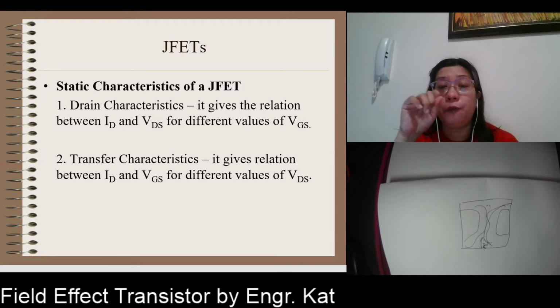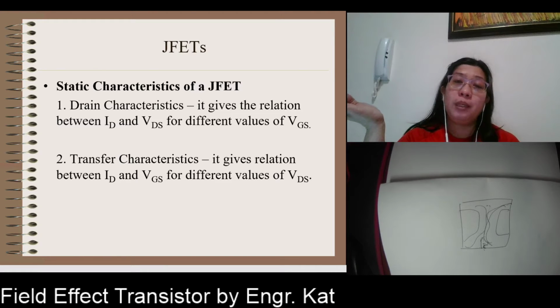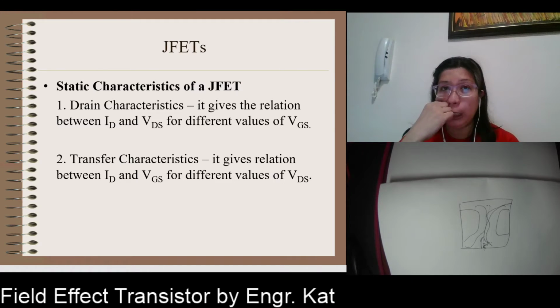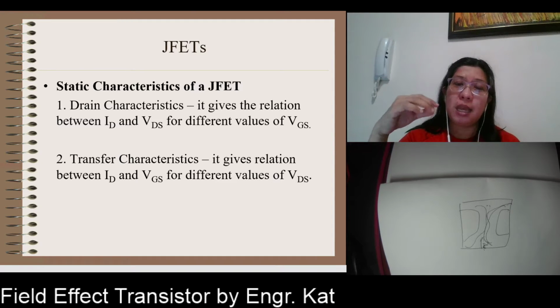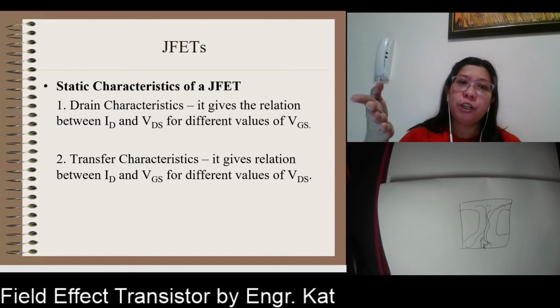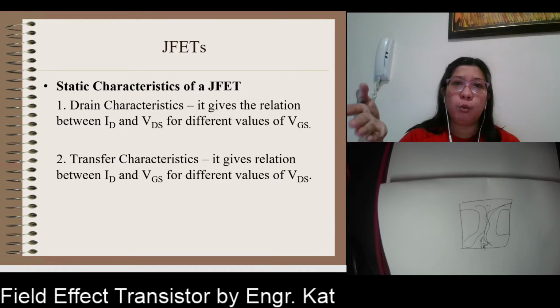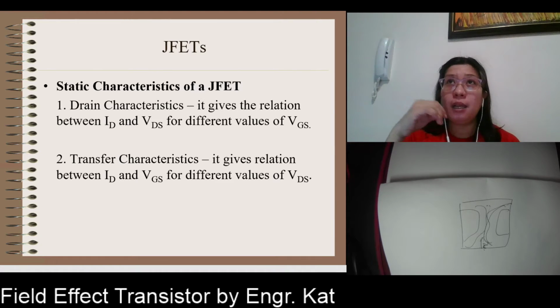This will be very helpful in analyzing the DC circuit for JFETs. Later on in our next videos, we will be discussing the DC analysis for JFET. Drain characteristics and transfer characteristics will be very helpful because technically we will be using a graphical solution for those.